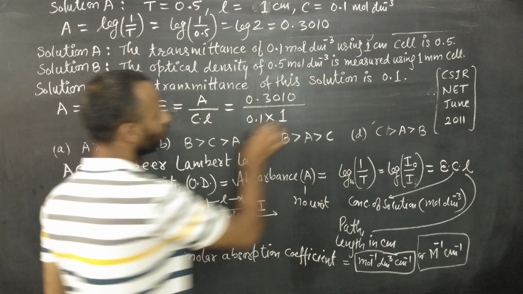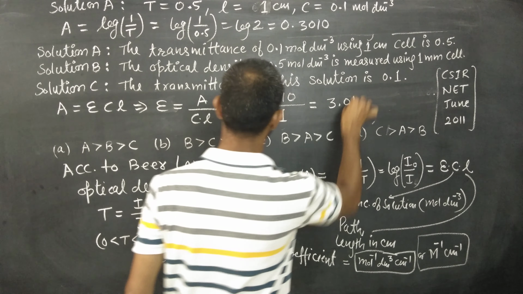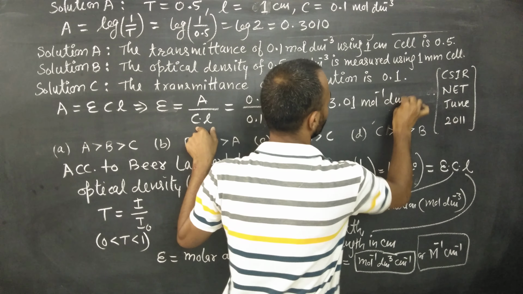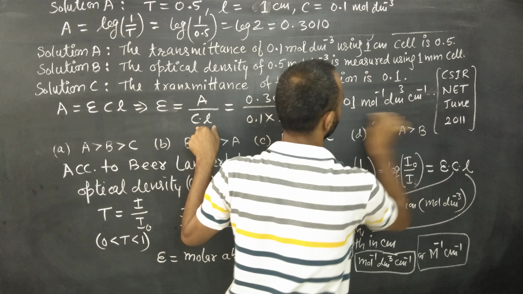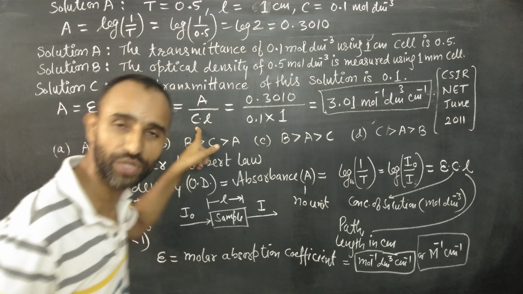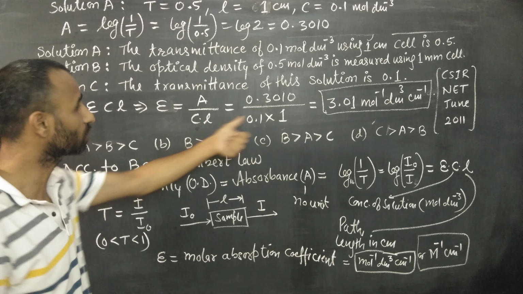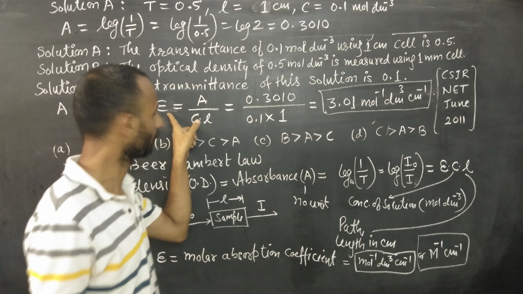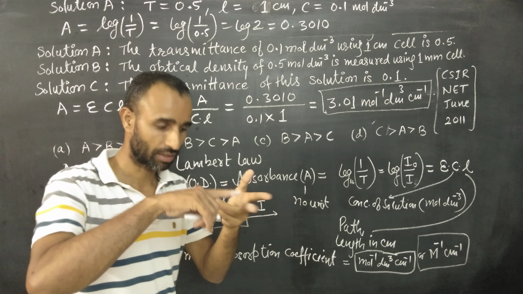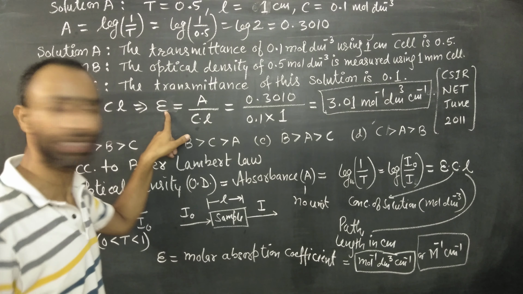So we get 3.01 per mole decimeter cube per centimeter. This is the extinction coefficient. The extinction coefficient epsilon is the same for all the solutions because the compound is the same, the wavelength is the same, the temperature is the same.